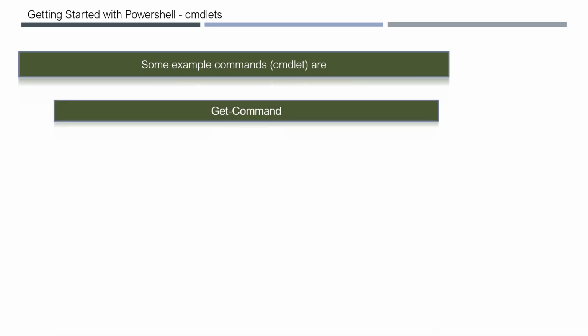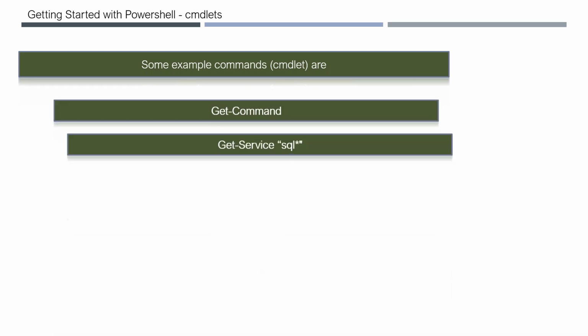So let's see some examples. The reason I am giving these examples is to make you comfortable with PowerShell. So generally the commandlets look like this. You have two words, word one, then a hyphen, and then word two, and then you can apply a search mechanism as well. Let us say the way you search in a text box using partial words, right?